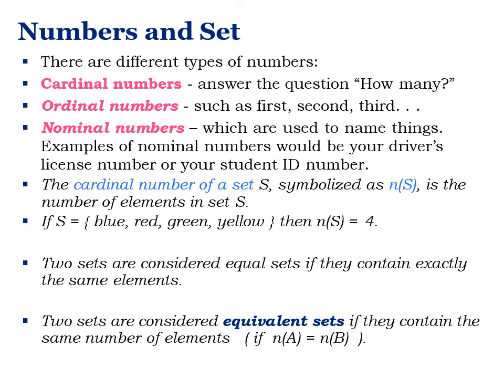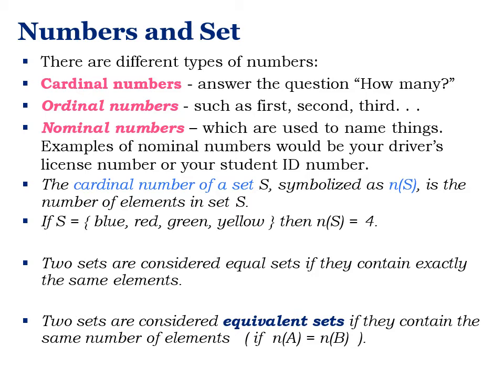Examples of nominal numbers would be your driver's license number or your student ID number. The cardinal number of set S, symbolized as this one, is the number of elements in set S. So if S has the elements blue, red, green, and yellow, then your cardinal number would be 4. As mentioned, that is your cardinality.